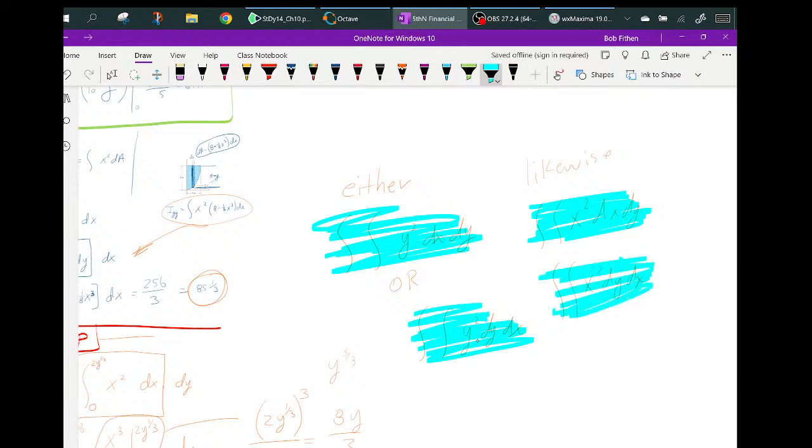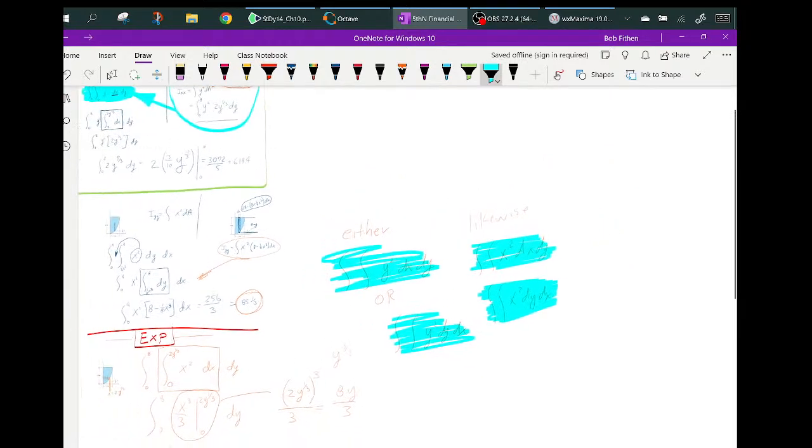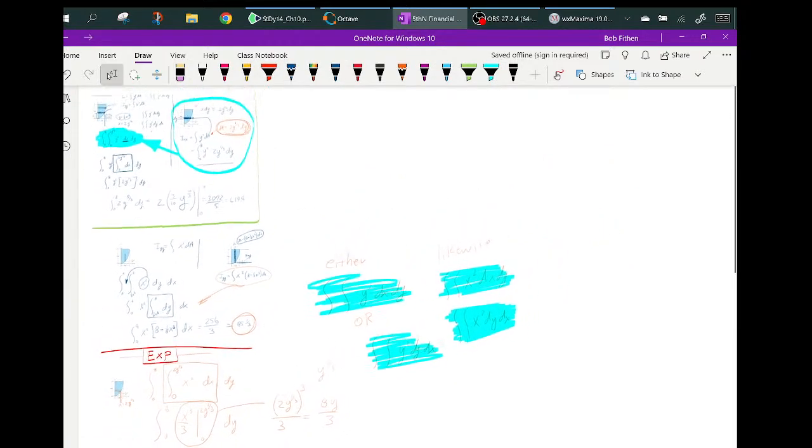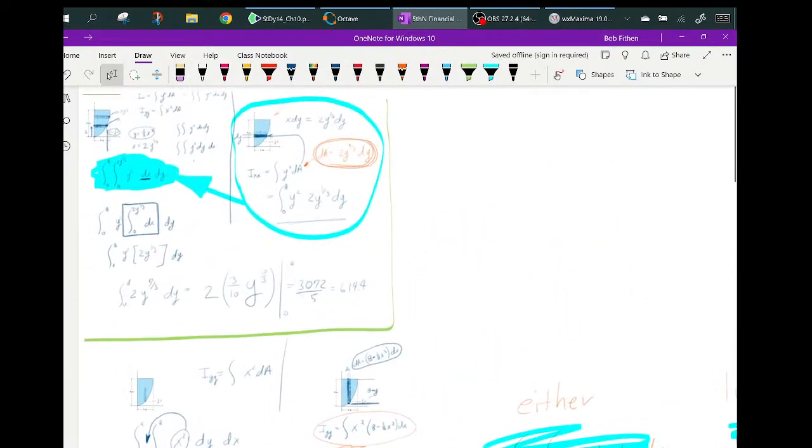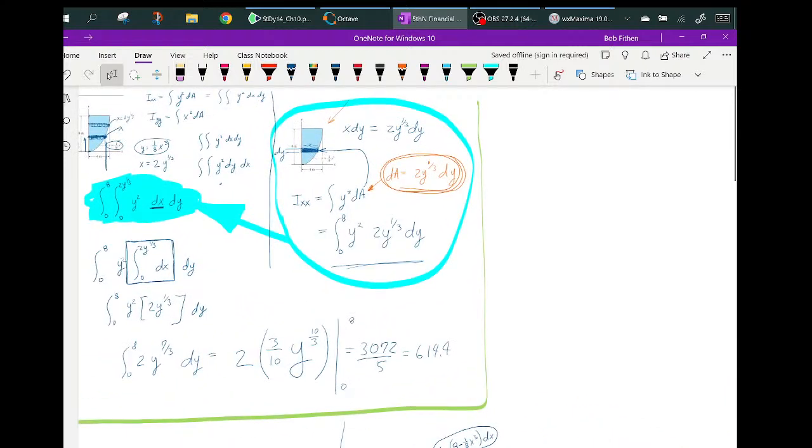All you have to look at is where your bars go from and to. Look at your limits, do your integration, and that's pretty much it. There's nothing more to this. I hope that made a little bit of sense, and if it didn't, rewind the lecture and look at it a little bit.